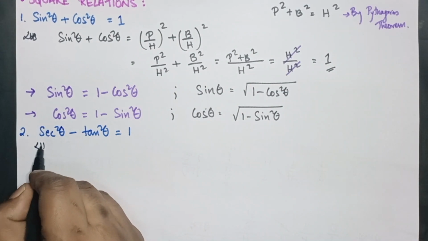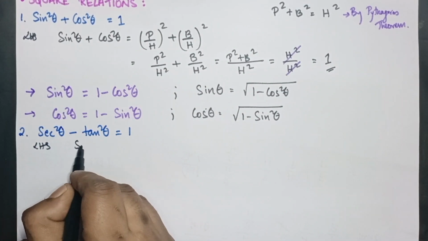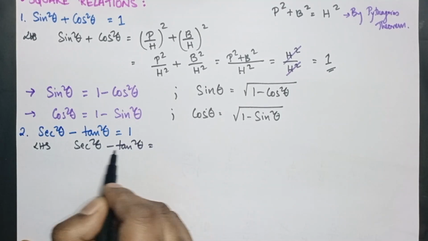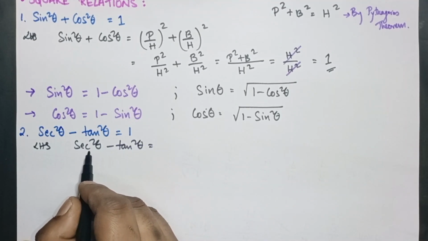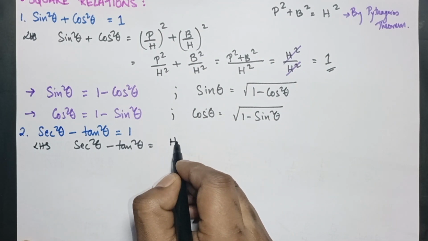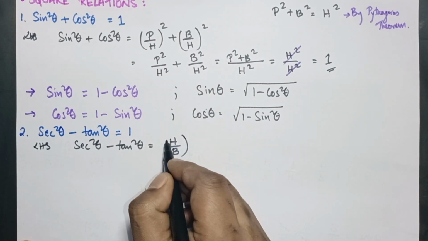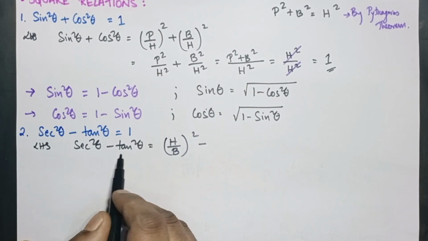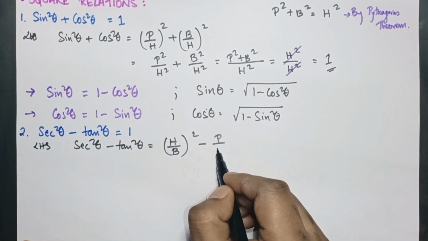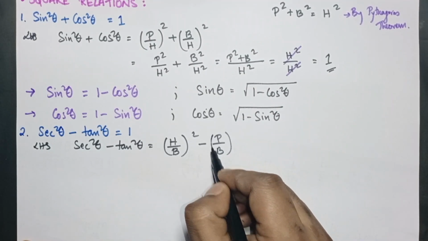So on the left hand side, what do you have? Sec square theta minus tan square theta. Sec is the reciprocal of cos, and cos is b by h, so this will be h by b whole square. Minus tan, which is p by b, and since the square is there, it will be whole square.